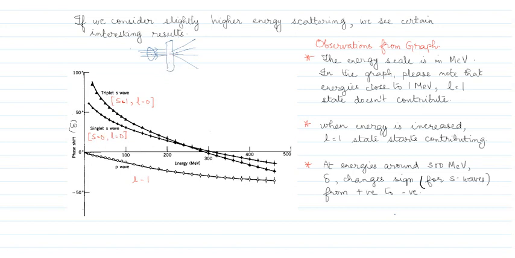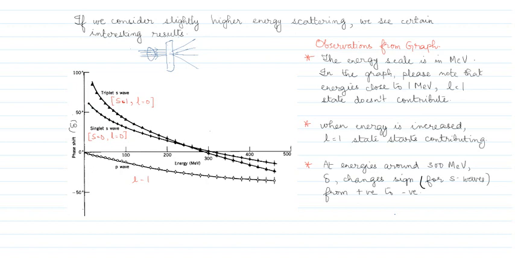And the general observations from the graph: you can see the low energy scattering regime, say 1 MeV, is close to the origin. Close to this origin, the contribution from L equal to 1 is 0, isn't it? There are only non-zero contributions from L equal to 0.